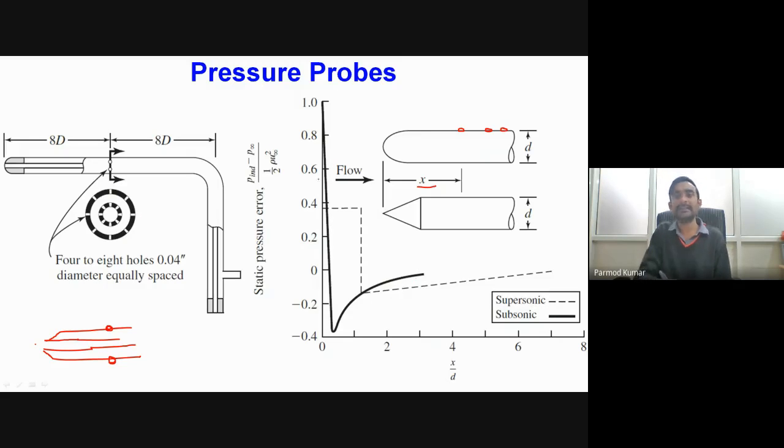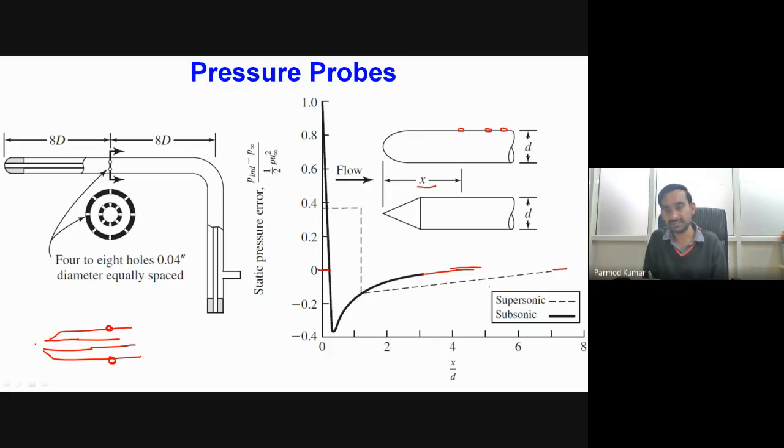You can see that with increase in distance, your error value will be approaching close to 0. Similarly, for the supersonic flow situation also, you can see this dashed line is approaching almost zero at sufficient distance from the start of the pitot tube.